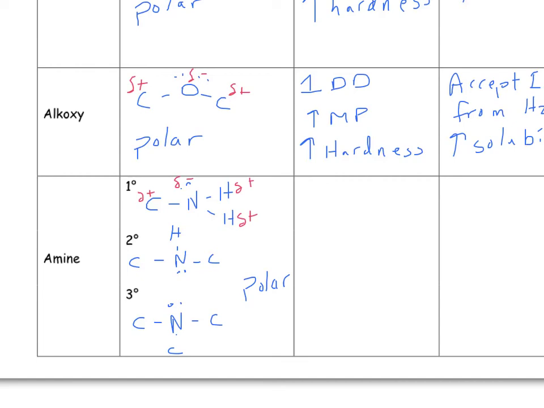Now, each classification of amine can make a different intermolecular force. If you have a look at the primary amine, I have two H's directly attached to a nitrogen. Therefore, it can make two hydrogen bonds. If I compare that to the tertiary amine, it does not have any hydrogens attached to the nitrogen.